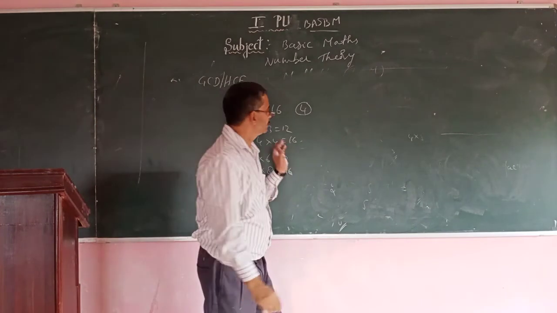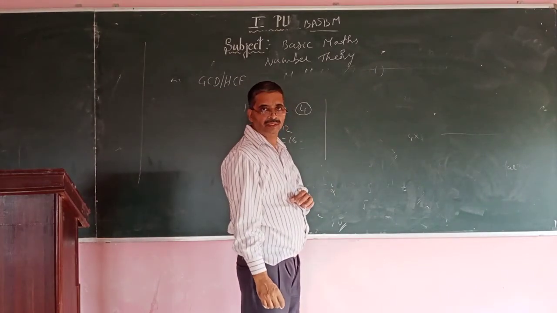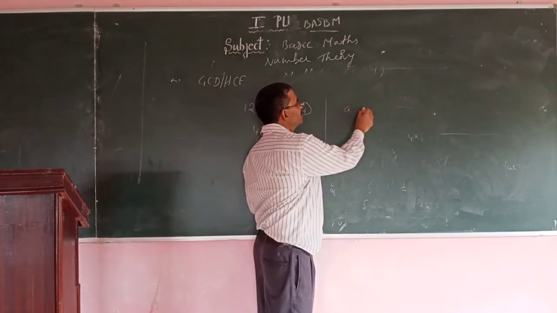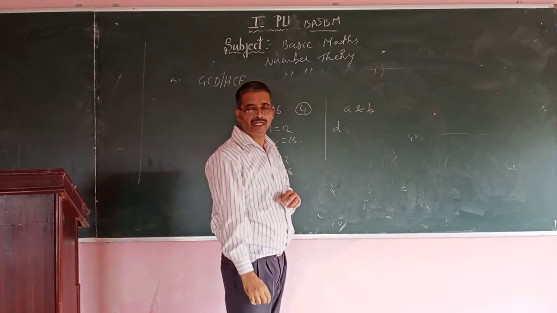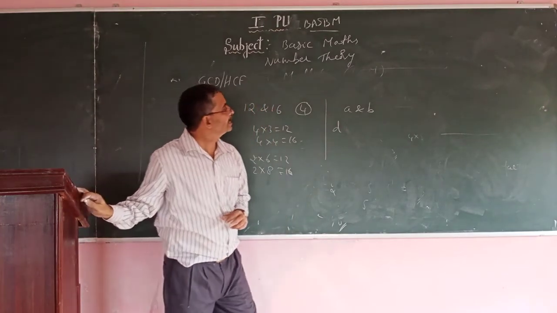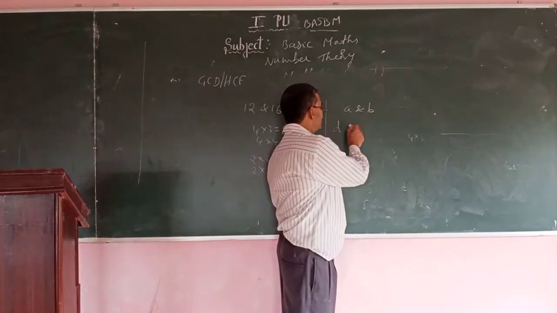Okay. Now we generalize it. If A and B are two numbers, D is the GCD of A and B. We write it like this.